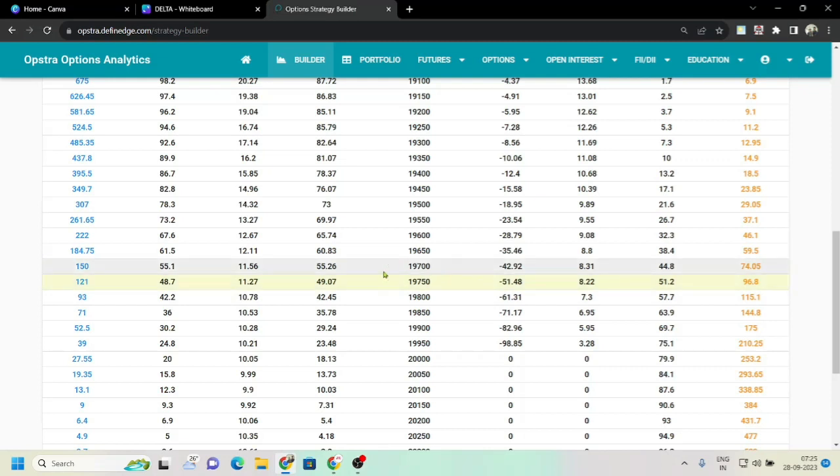Now from the buyer's perspective, buyers will always choose a strike which is having 0.5 delta, sometimes slightly in the money or out of the money. Mostly, I don't say all traders do like that. Mostly traders choose these strikes, ATM or around the ATM, to buy.